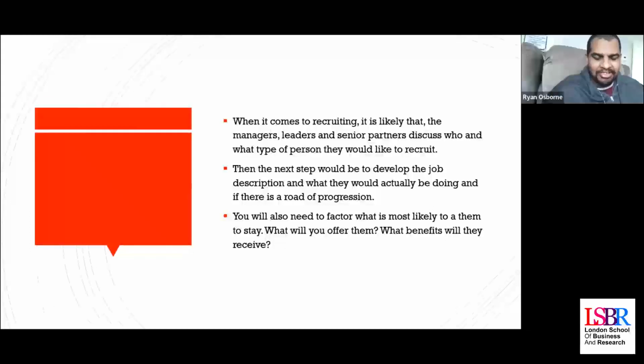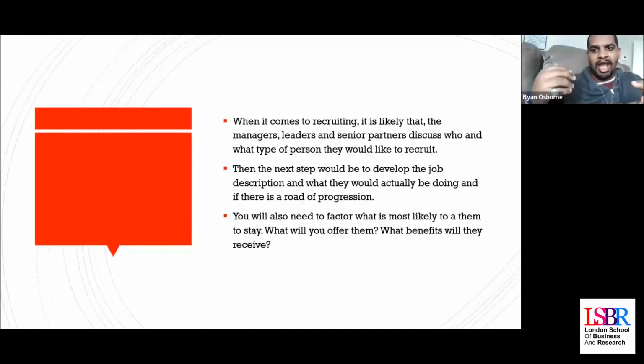That there, guys, is a very true point. So when we're actually looking at recruitment, as Lit said, there's the positive side of recruitment, and then there's the negative side of it.